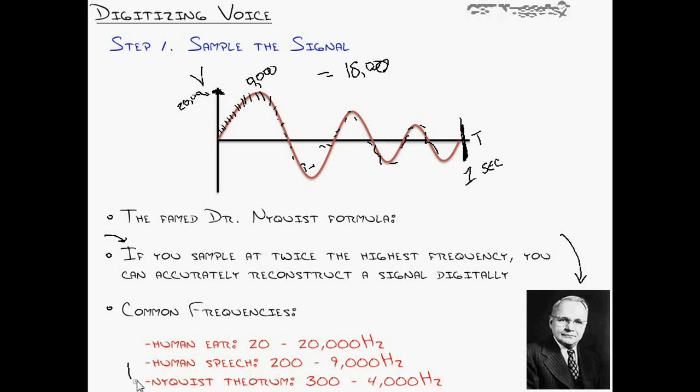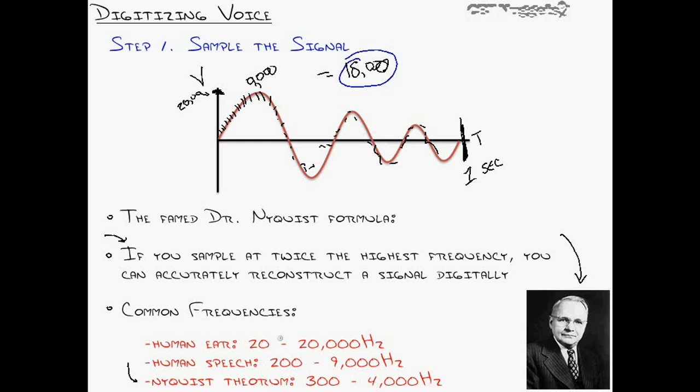Now you can see right below that I have the Nyquist theorem, which samples between 300 and 4,000 hertz, because Nyquist said, you know what, 18,000 samples is just too many. We need a level of frequency that gives us a decent number of samples so that we can accurately reconstruct human speech, so that you can hear it and understand it as we sample it digitally in ones and zeros.